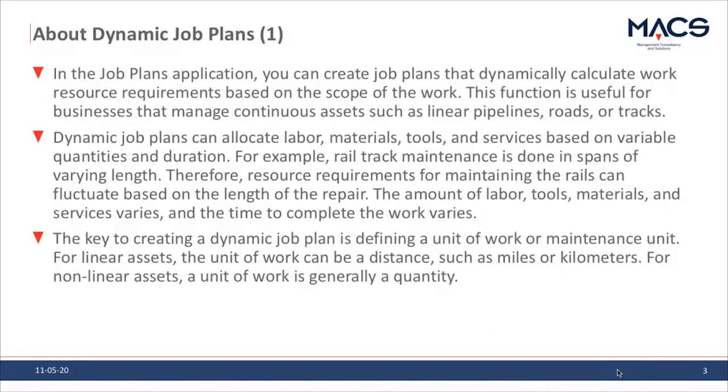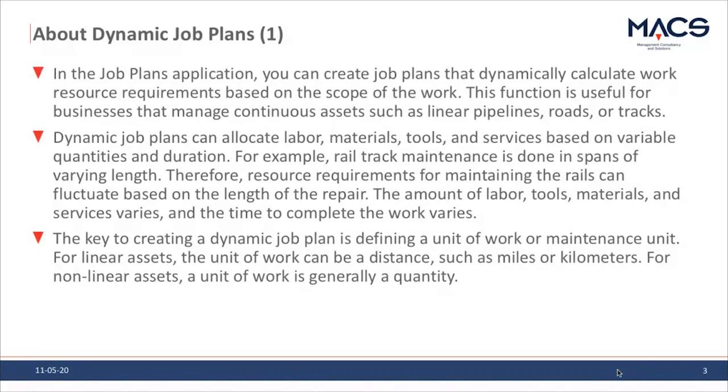So first, about dynamic job plans. It's a new functionality from the latest version at the moment of IBM Maximo, which is 7.6.1.1. It adds functionality in the job plans application, where you can create job plans that dynamically calculate work resource requirements based on the scope of work.